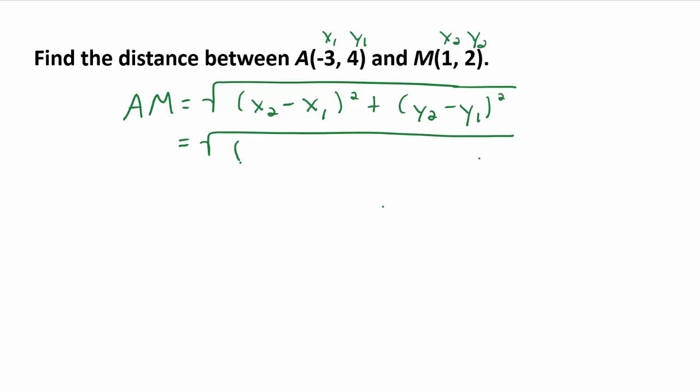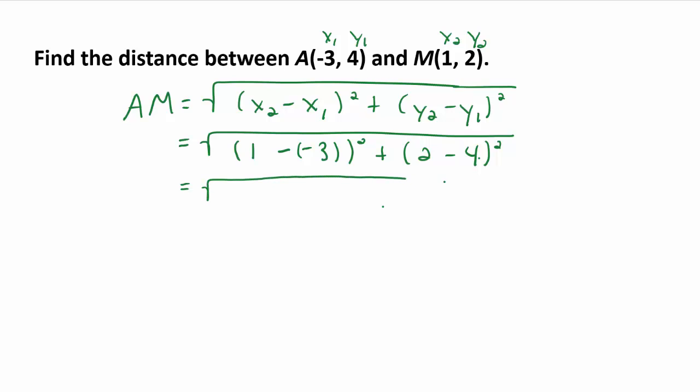So x2 is going to be 1 minus a -3 squared plus y2, which is going to be 2 minus 4, which is our y1 squared.